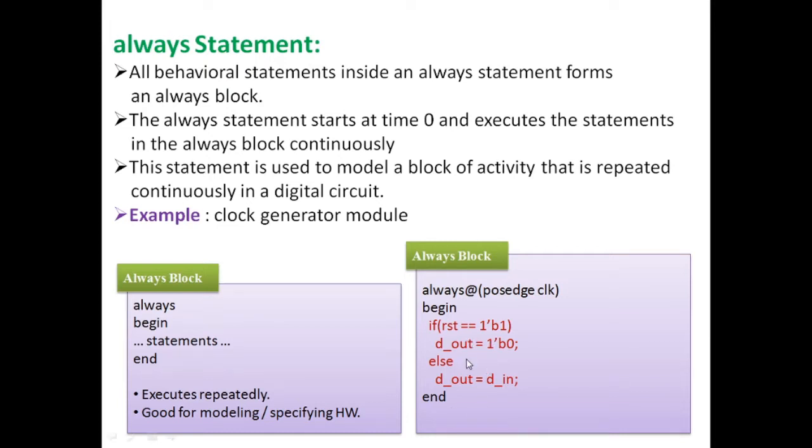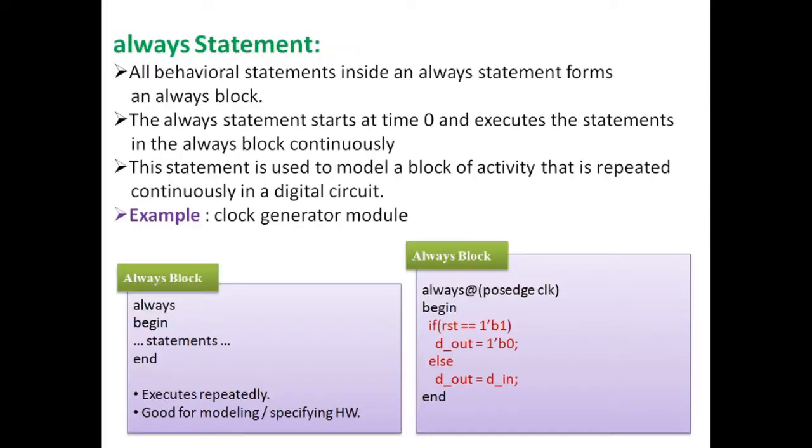These statements are meant to model a block of activity which is continuous. For better understanding, we can take a clock generator module. A clock signal is a continuous flow. That means once the clock is started, I don't know when it is going to stop or be terminated. It is a continuous activity.